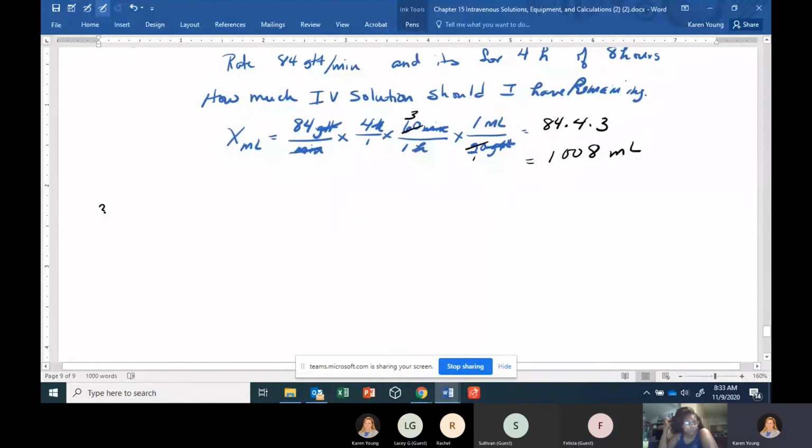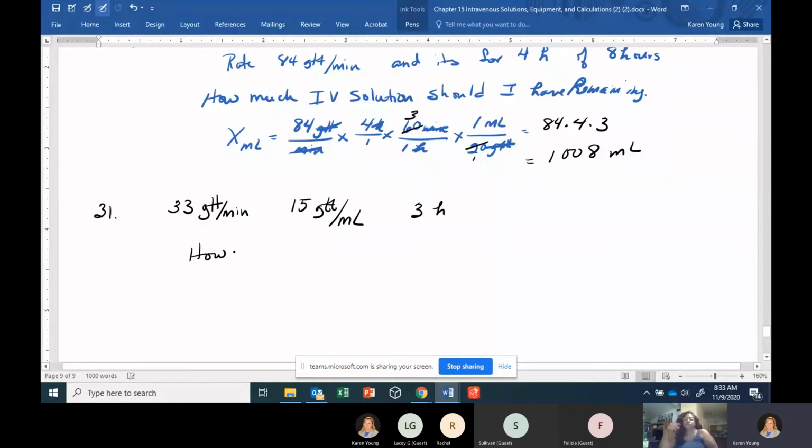So let's look, I'll call this one 31. And let's say we have this time 33 drops per minute with a drop factor of 15 drops per milliliter. And it's going to run over, let's say, 3 hours.